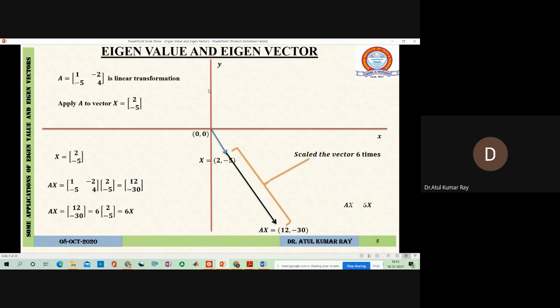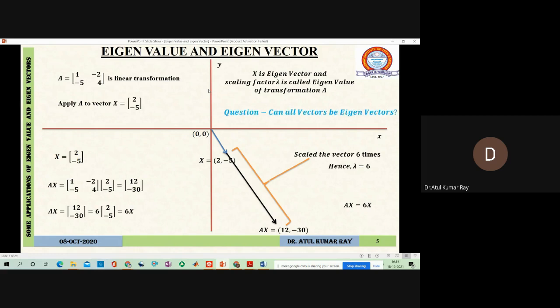So it's quite a simple thing: here the eigenvalue is 6, and the definition is very clear that if x is an eigenvector, this scaling factor, 6, which here is lambda, is called the eigenvalue of the transformation.